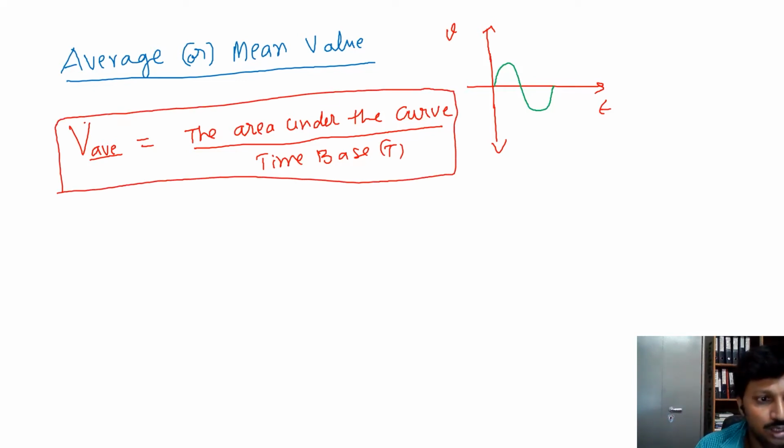So the area under the curve by the time period, that's V average. So we see the area under the curve.